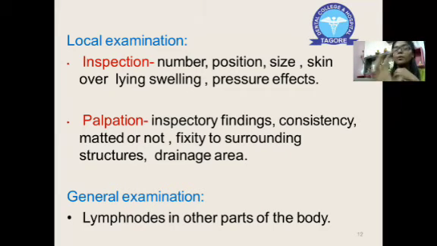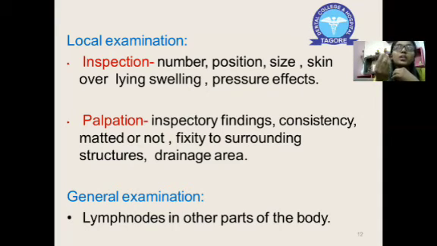So this is all about the inspection in the lymph node examination, and then comes the palpation. In palpation, all the inspectory findings have to be confirmed, including the site, size, shape, and whatever we have observed in the inspection. Basically, inspection is what we see, and palpation is what we feel. So we have to confirm the inspectory findings, and additionally look for the consistency.